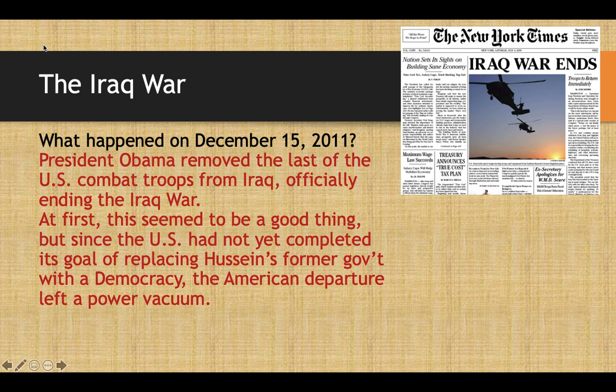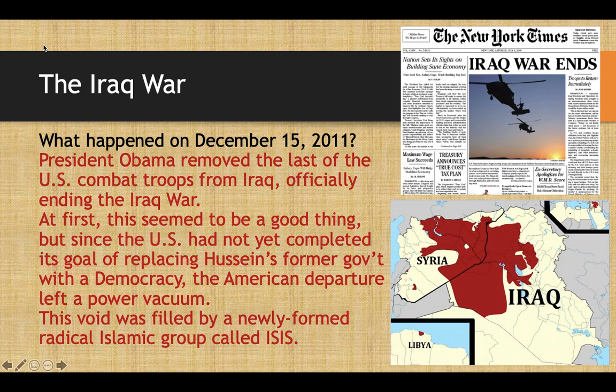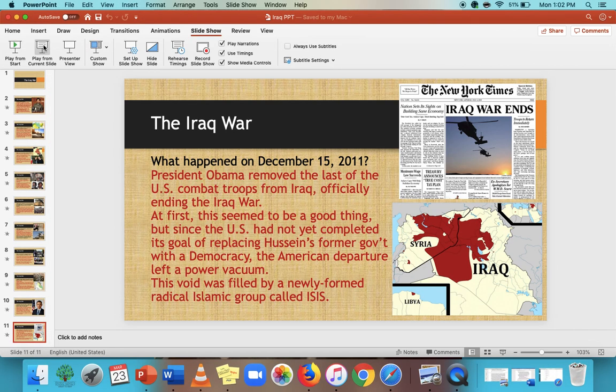And unfortunately, the group that seized power in this region once America left was ISIS. It was filled by this newly formed radical Islamic terrorist group called ISIS, who we will learn much more about next class.